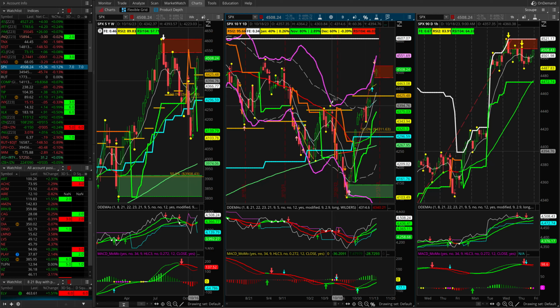These yellow dots, by the way, are high bars and low bars, and they're 5-bar patterns is really what they are. So we don't have one up here yet, but one more day that is underneath this high will form one there, because that's what they are.